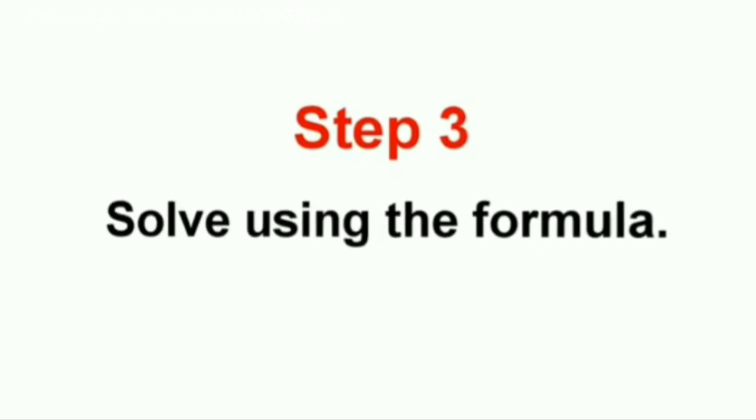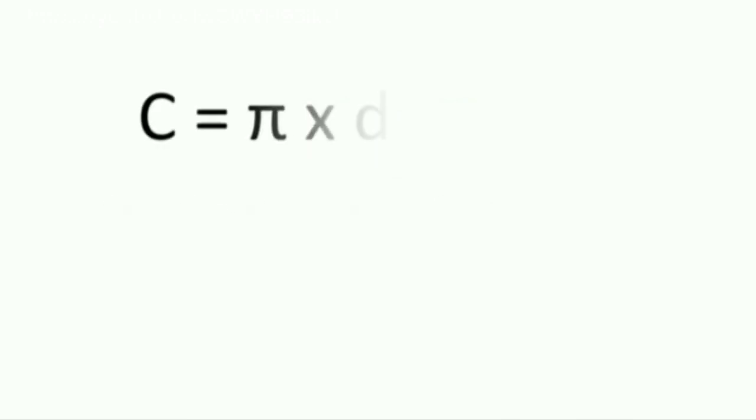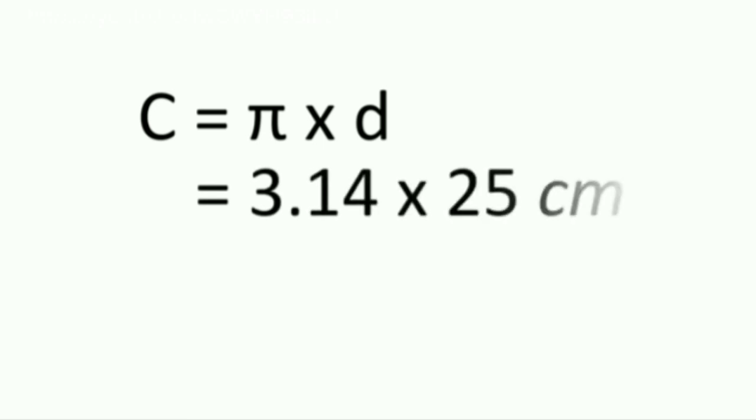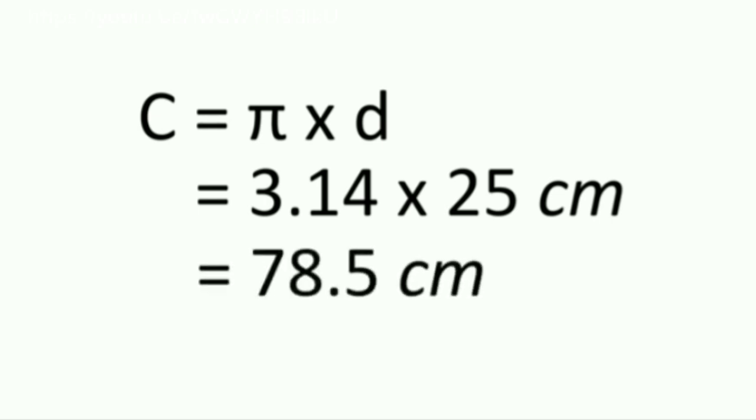Step 3. Solve using the formula. Circumference equals pi times the diameter. Pi is equivalent to 3.14 multiplied by the diameter, which is 25 centimeters. Therefore, circumference equals 78.5 centimeters.